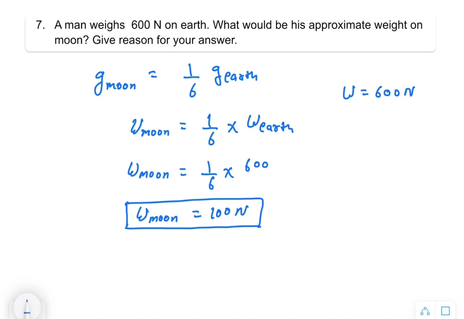The weight on the moon is less because the gravitational acceleration is lower on the moon compared to Earth. G of moon is 1/6 times the G on Earth. G is acceleration due to gravity.